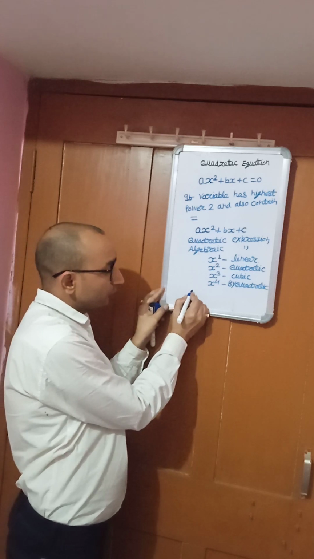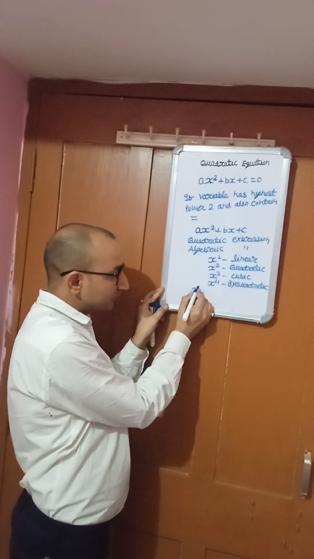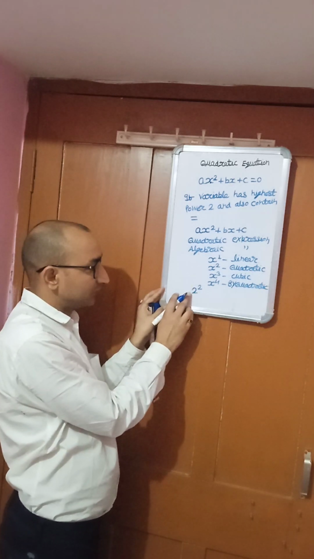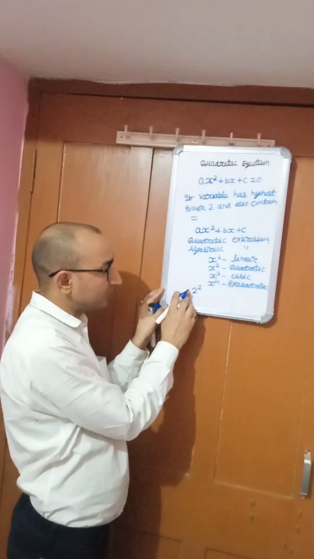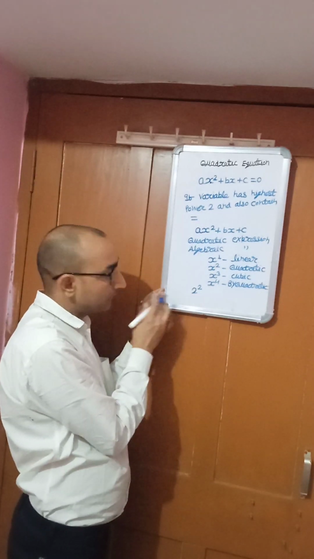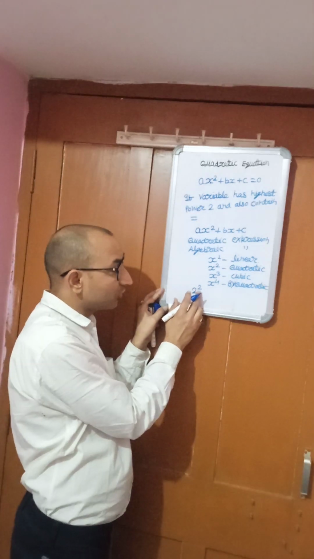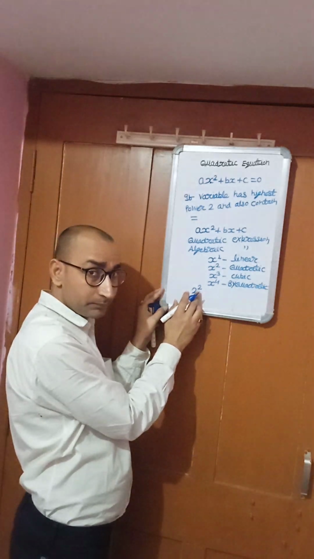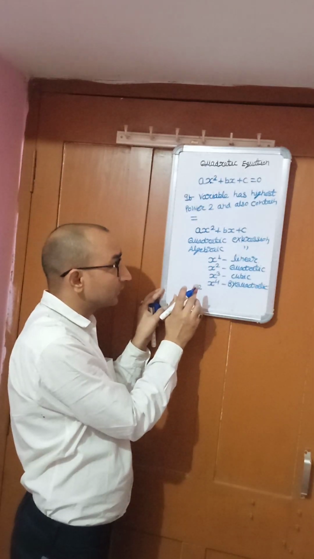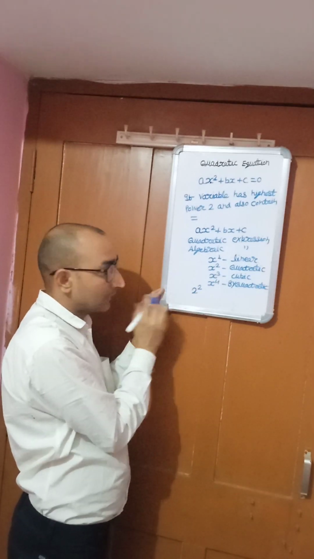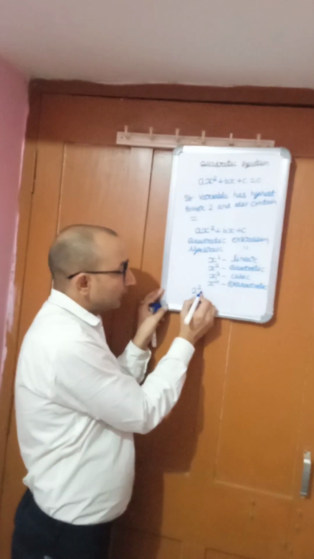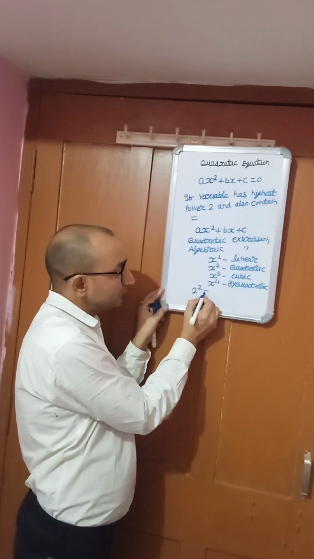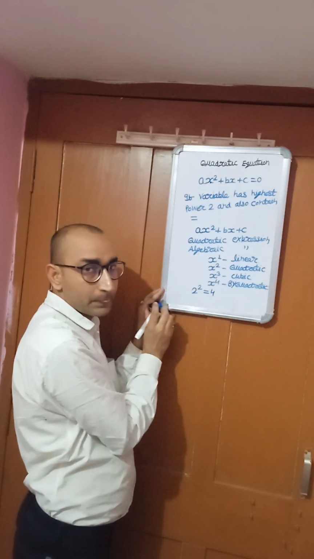See here, if a constant has highest power 2, like 2 to the power 4, we cannot call this quadratic. Why?